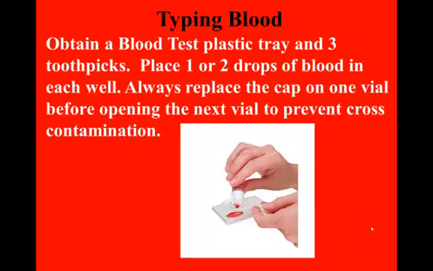And when we do a blood typing lab, you'll get one of those plastic cards that has 3 wells in it, and they're labeled A, B, and RH. You're going to get one of the trays. You're going to get 3 toothpicks because there's 3 wells, and you're going to take a vial of blood, and you're going to put 1 to 2 drops of blood in each well. And remember, always replace the caps when you're done with one before you open the other. That way we don't have any contamination.